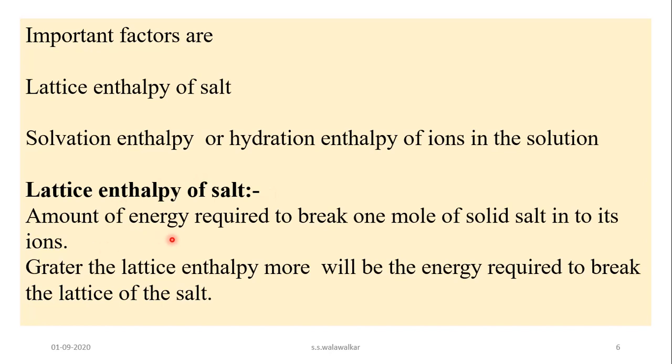So the amount of energy required to break 1 mole of a solid salt into its ions, cations and anions, is known as the lattice enthalpy. And if the forces of attraction between the cation and anion are very strong, then more energy is required to break the lattice of the salt.